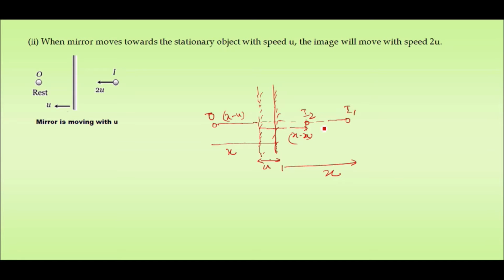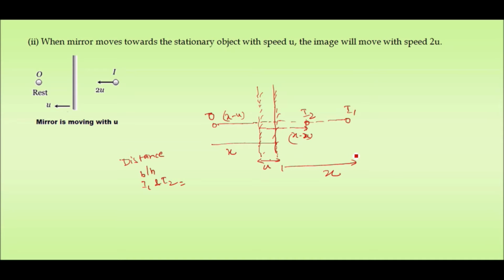Now if you see here, the distance between I1 and I2: this distance was x, so we will consider with respect to this line.